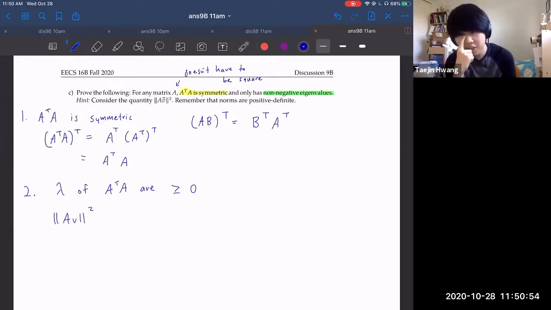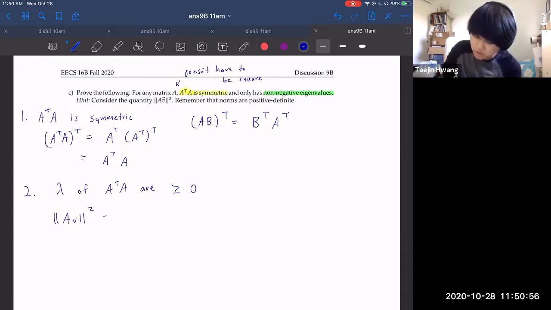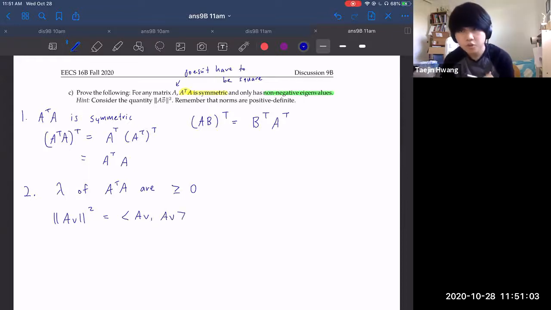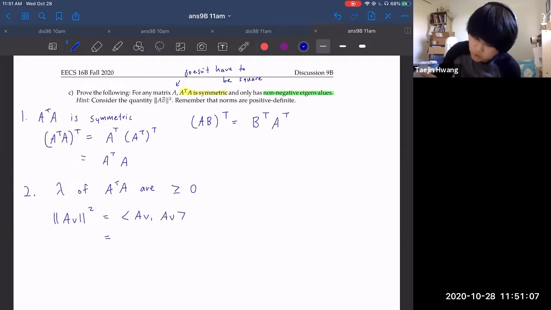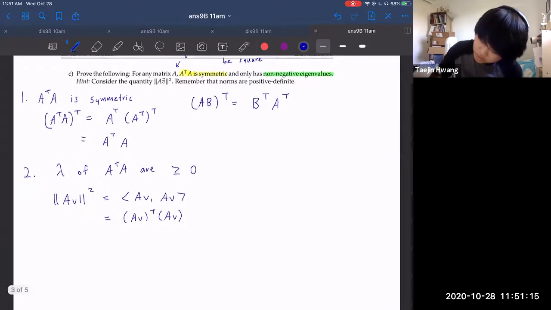Remember that by definition, the norm squared is equal to the inner product with itself. And the inner product here is going to be (AV) transpose times AV, which is then equal to V transpose A transpose AV.